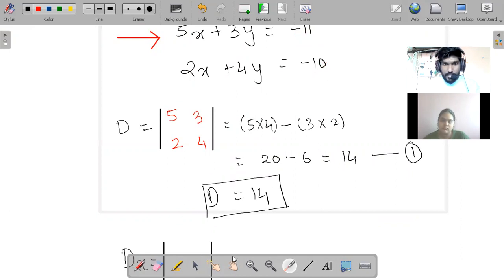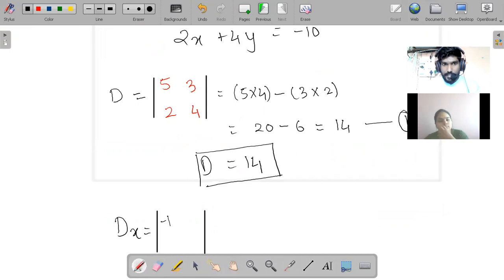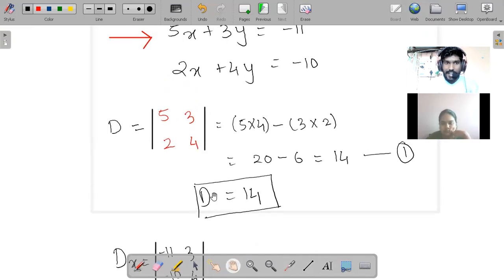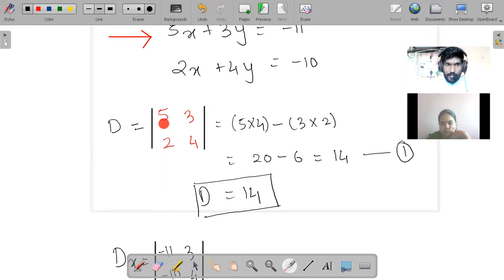The second column, 3 and 4, you write as it is. These are the coefficients of y. Only the coefficients of x, 5 and 2, are replaced by minus 11 and minus 10, the numbers on the right hand side. Understood?